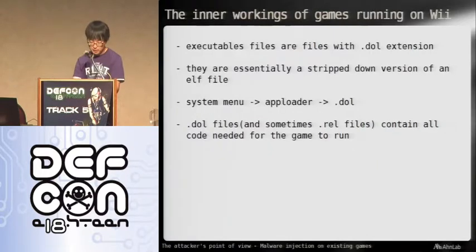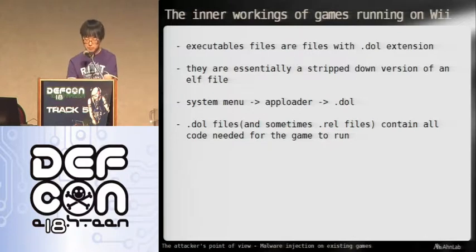And now that we have the target system, we should know how games work on the Wii. And all games contain a single file with a .dol extension, which you can think of as a main executable file. And this dol file contains all the code needed to run the game. And according to the file format, it's essentially a stripped down version of an ELF file with the non-important data, such as debugging data and compiler-specific data, all stripped out.